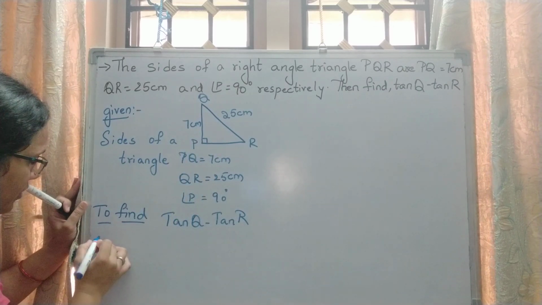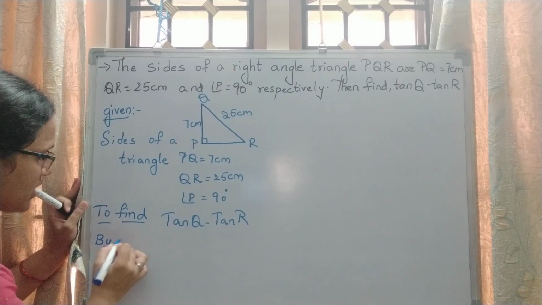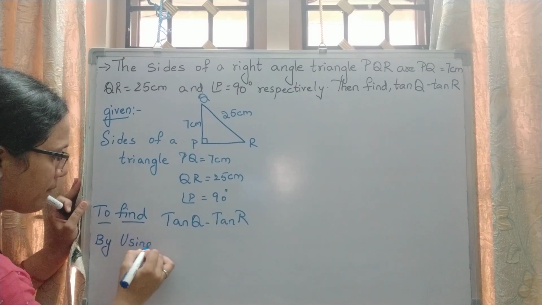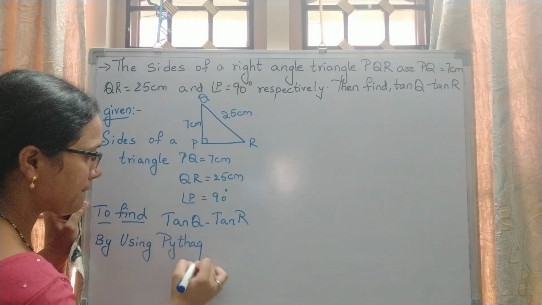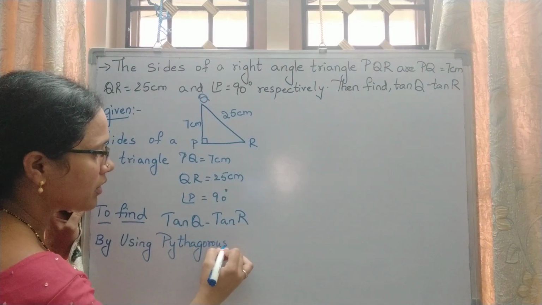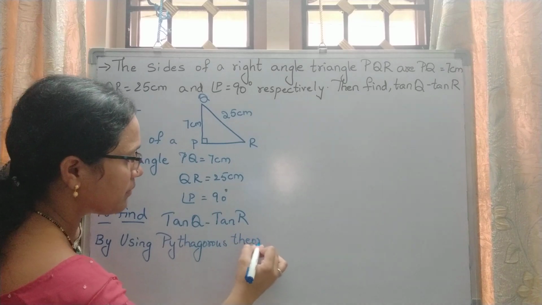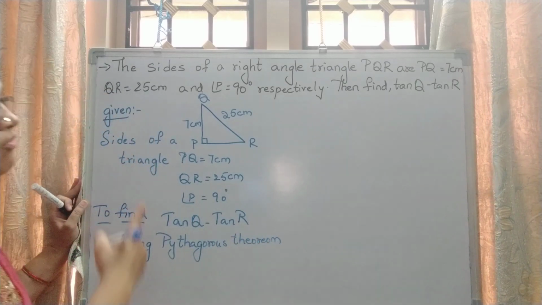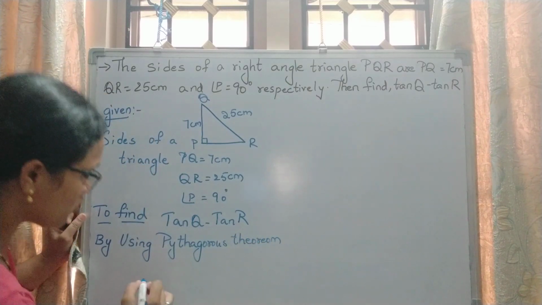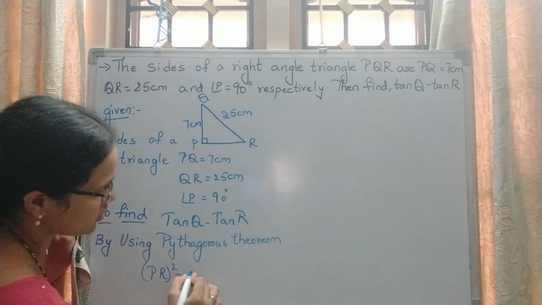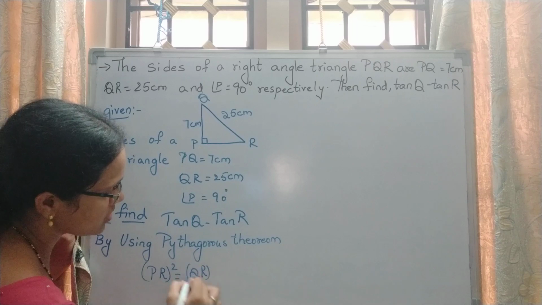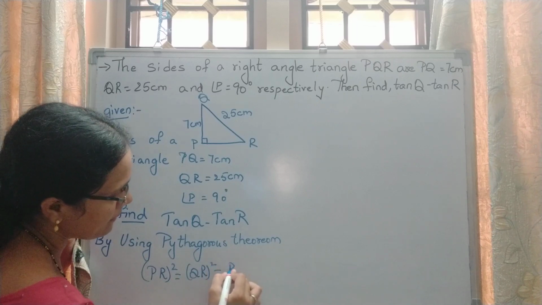So by using the Pythagoras theorem, what are we going to find? PR. So right now, PR square is equal to QR square minus PQ square.